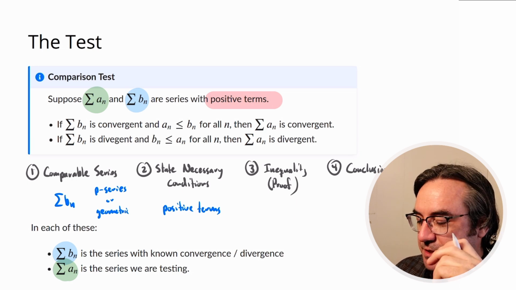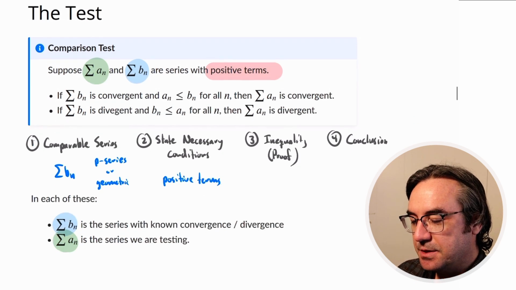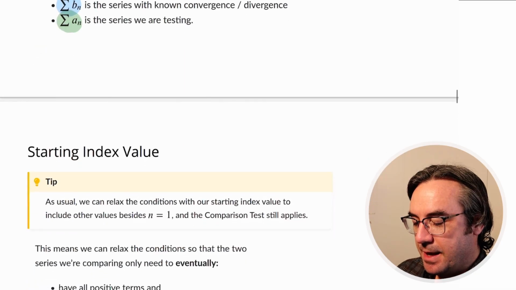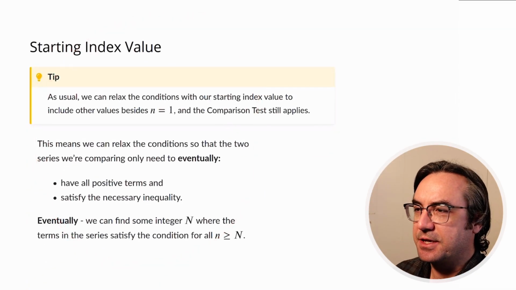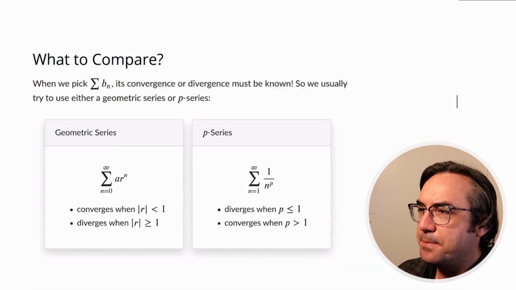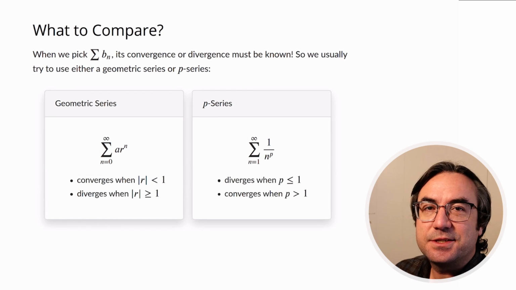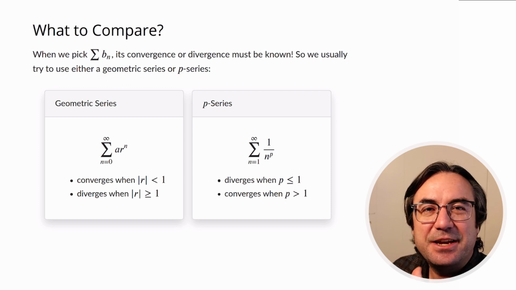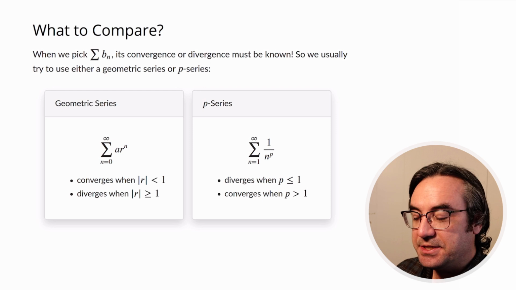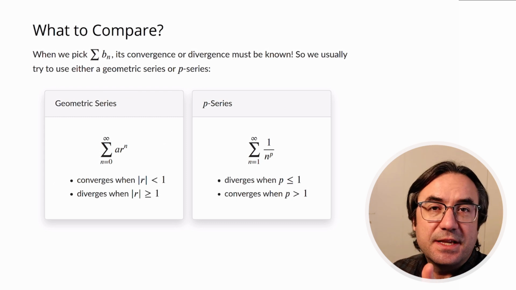All right, so let's try an example. See how this works. And maybe we'll come back and talk about the starting index value again. And just for help, again, we use this test when our series kind of looks like a geometric or a p-series. So we're going to be falling back on these usual things that we've looked at.